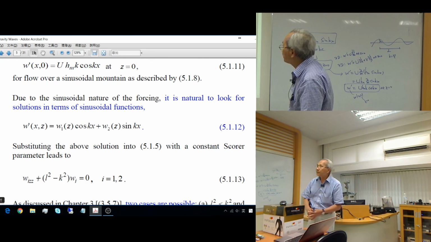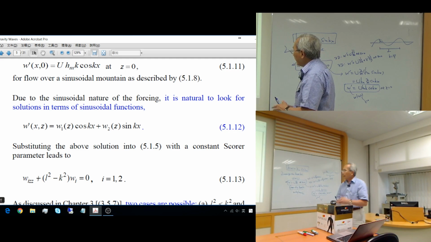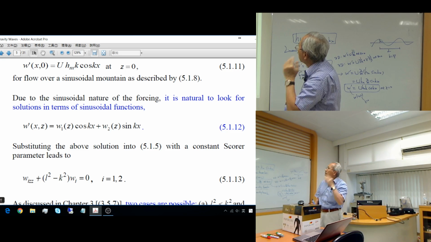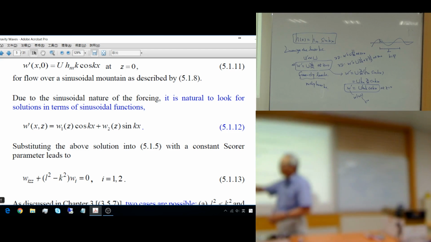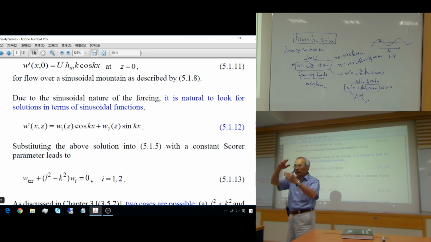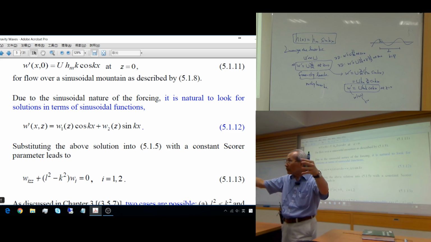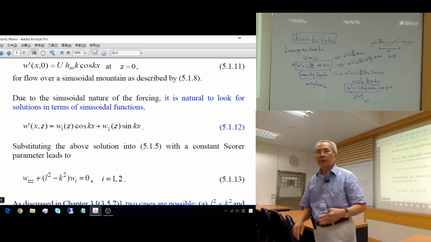Okay, so now we can start to solve it. The mountain is sinusoidal, and that disturbance will also be sinusoidal. Yeah, like begets like. So you have this, right?